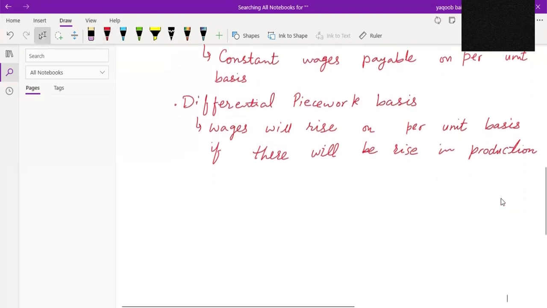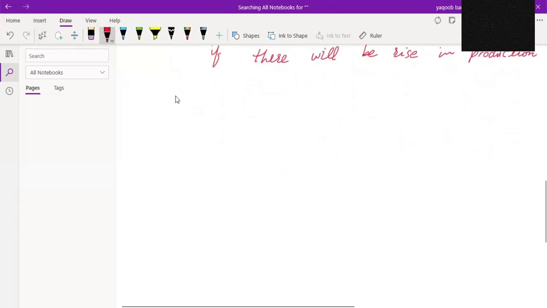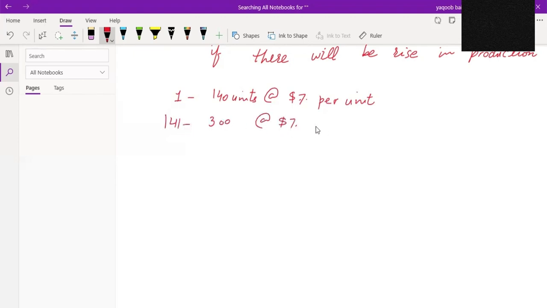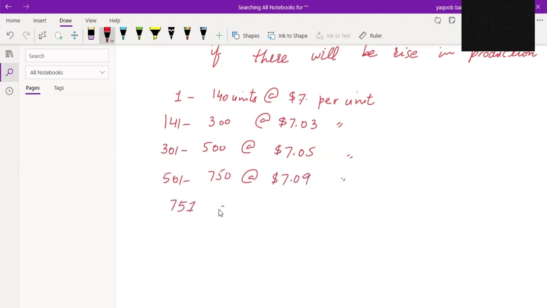For example, from 1 till 140 units at $7 per unit, 141 to 300 at 7.03 per unit, 301 to 500 at 7.05 per unit, 501 till 750 at 7.09 per unit, and 751 onwards at 7.12 per unit.